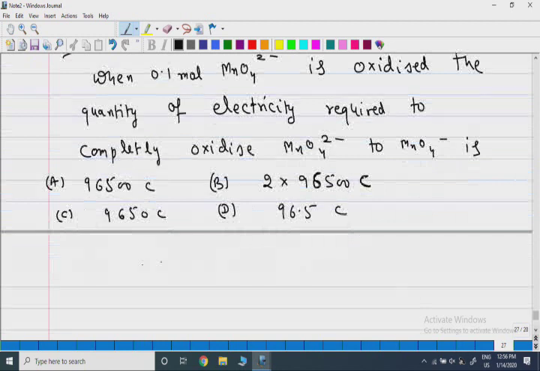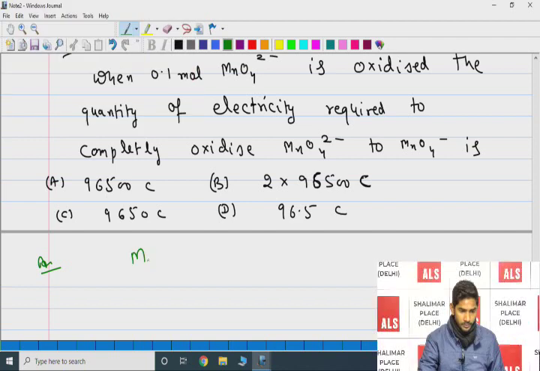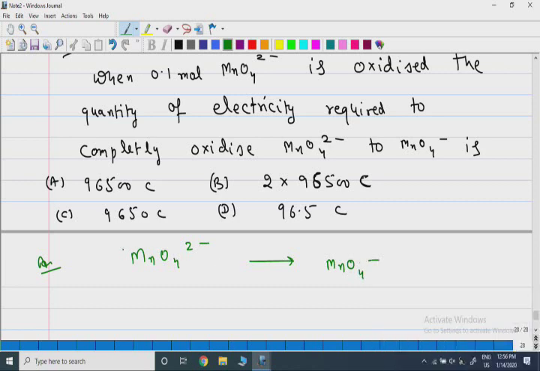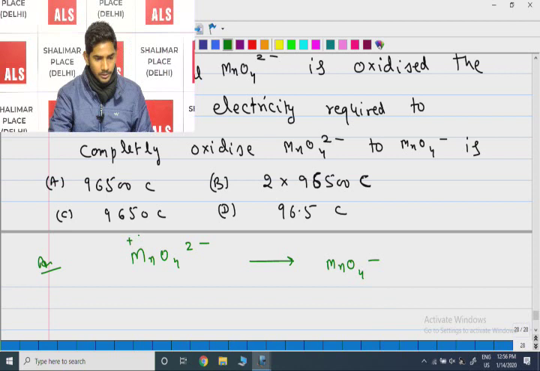You guys are taking too much time. This question doesn't deserve so much time. See, MnO4 2 minus is getting converted into MnO4 minus. Calculate the N factor. So this is Mn in plus 6 oxidation state, and here it is in plus 7 oxidation state. So what can I say? The N factor is nothing but 1.